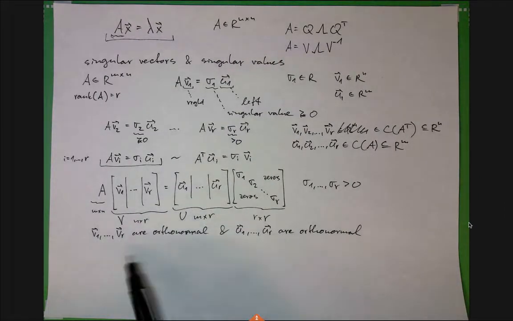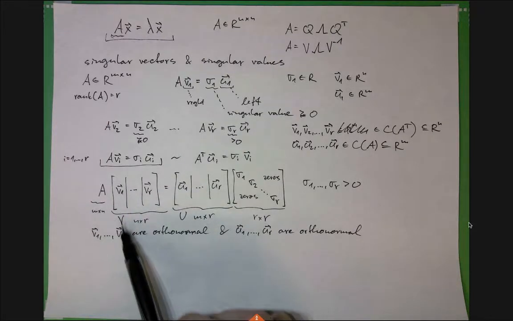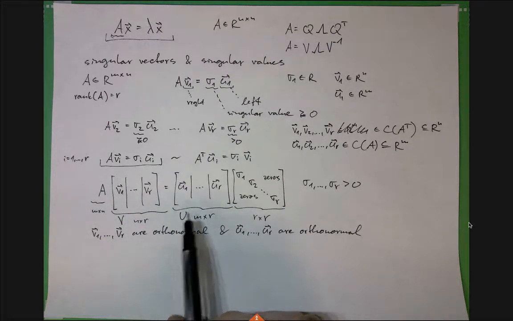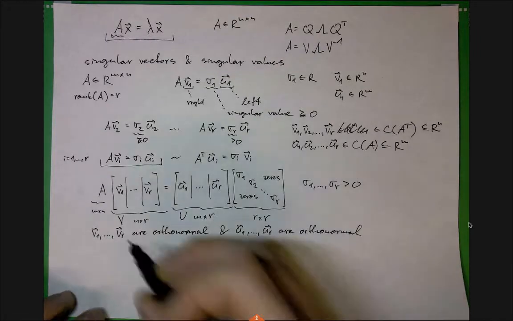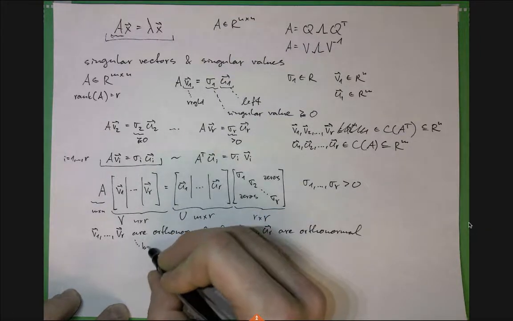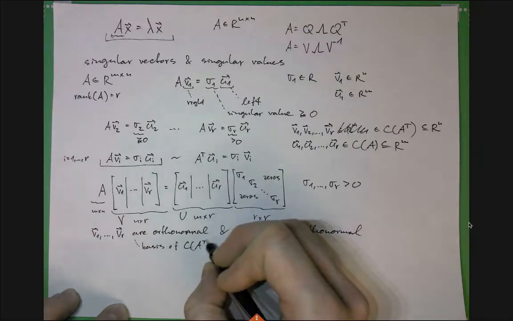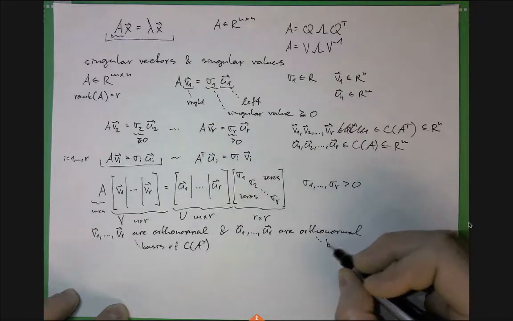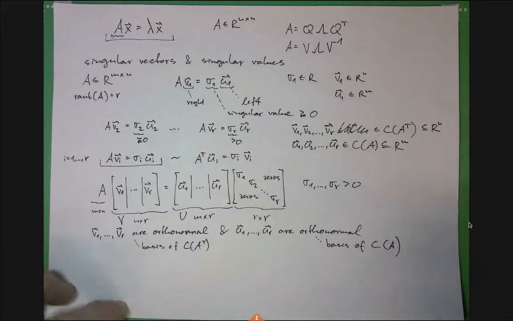So we can actually find these V and U matrices, let me just call them V and U, which are orthonormal bases for the row span and column span. So even more is true. This is an orthonormal basis of the column span and this is an orthonormal basis of the row span.